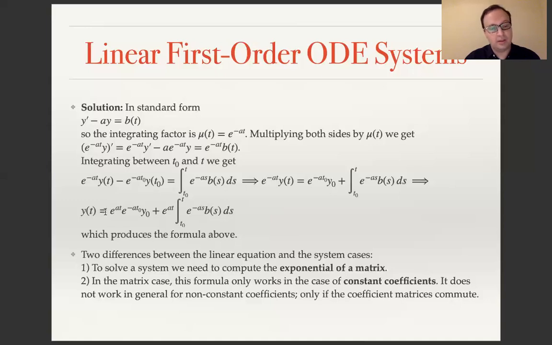So e to the at times e to the minus at0 is e to the a times t minus t0. And same for the integral, we can put e to the at under the integral, and e to the at times e to the minus as is e to the a times t minus s. And this gives the formula that we wanted to prove.